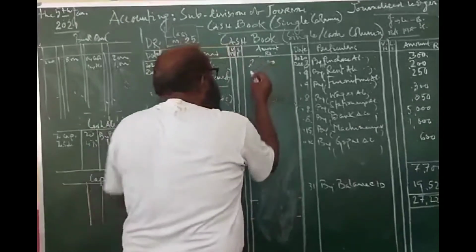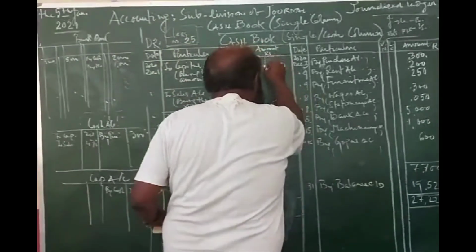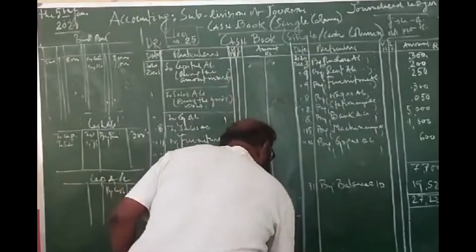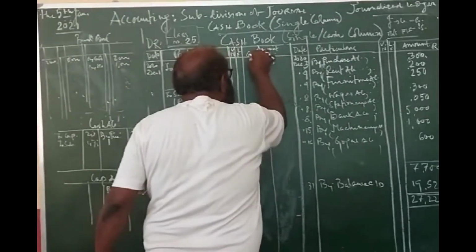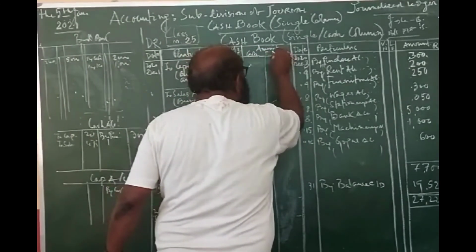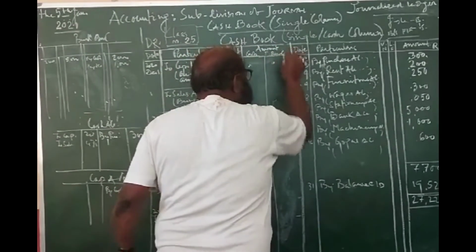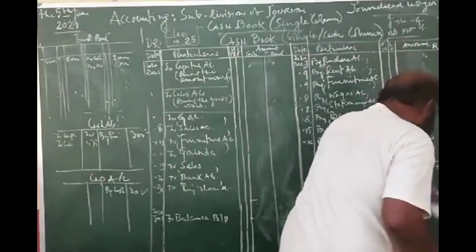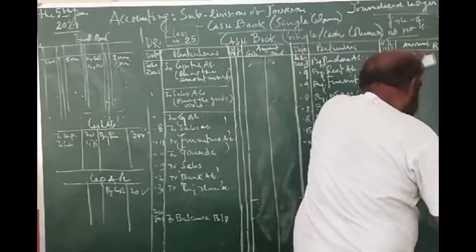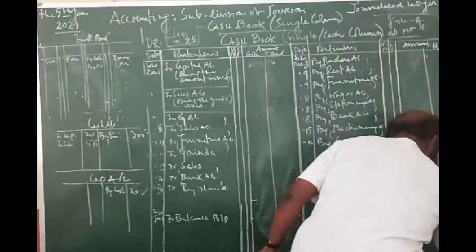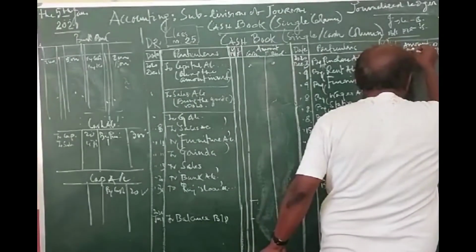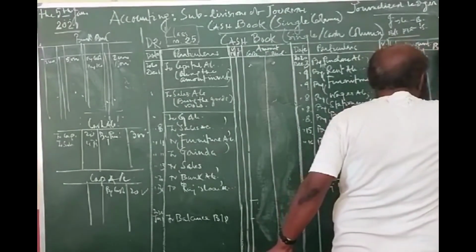This cash book will have two columns, one cash column and one bank column. Understood?